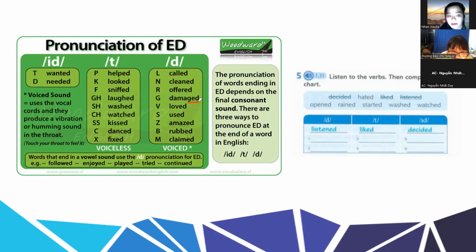Damaged. Do you know what damaged is? It's like broken. For example, my phone accidentally fell on the floor. It's damaged. Broken. Or it could also be expressed when you receive a hurtful word.